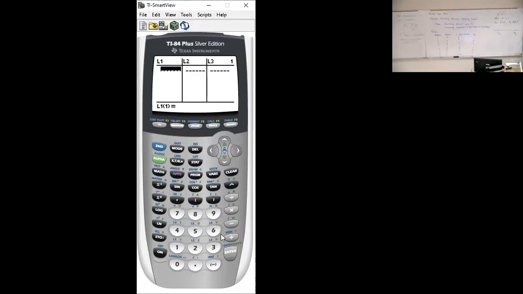Okay, so N in our case is 8. If N is 8, what are the possible outcomes? 0 through 8. So 0, 1, 2, 3, 4, 5, 6, 7.